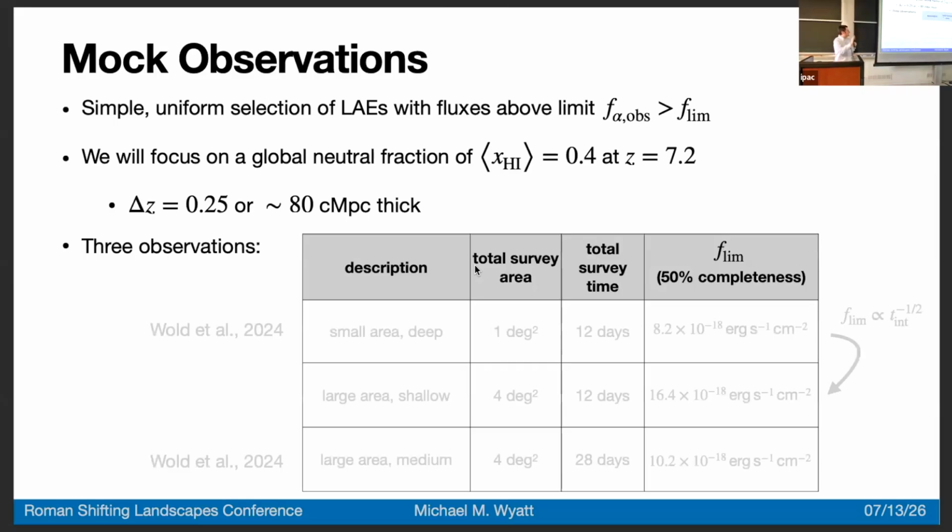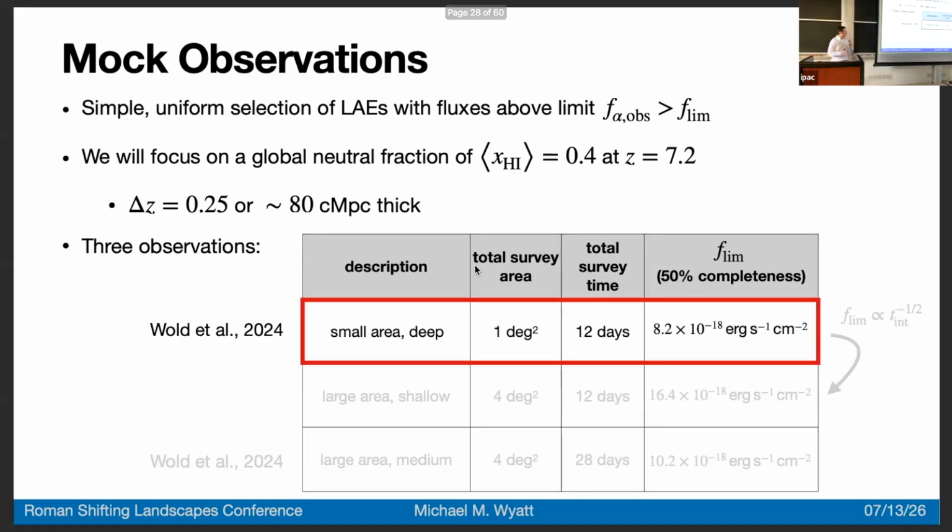So in terms of getting the observational flux limits, we're going to look at 3 different possible survey scenarios, and these all come from a paper by Wold et al. 2024, who did some nice detailed forward modeling of potential Roman observations, specifically for looking at Lyman alpha emitters.